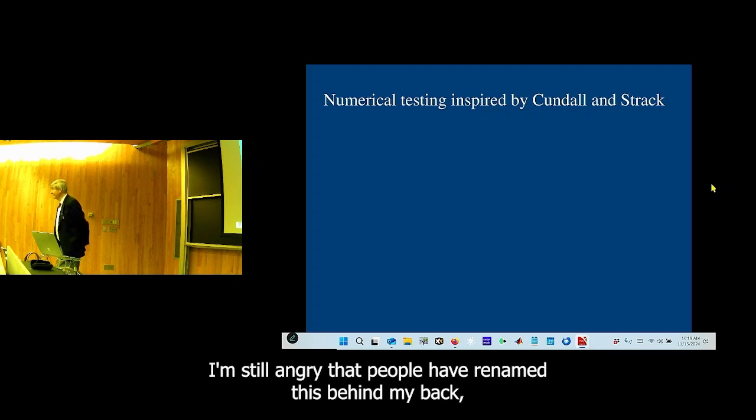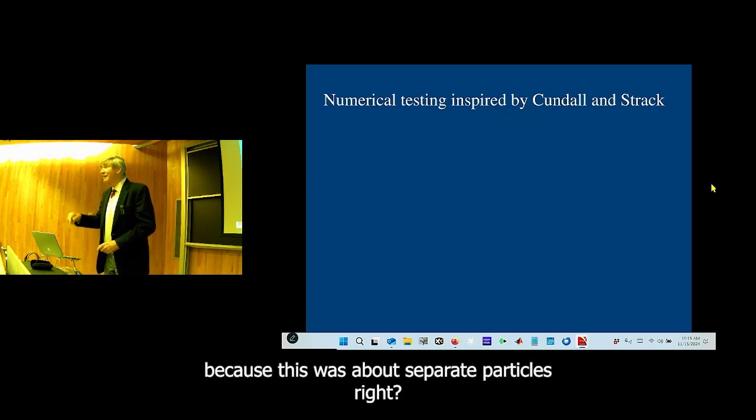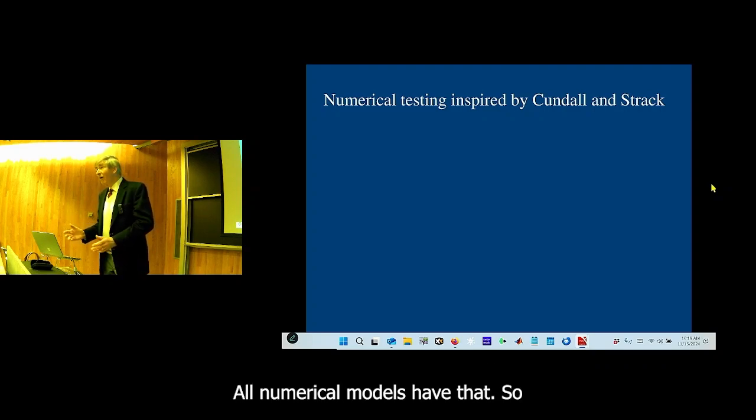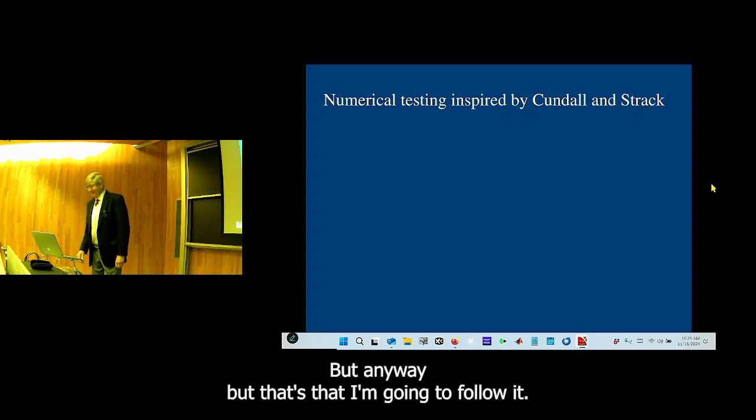I'm still angry that people have renamed this behind my back, because I named it the distinct element method after a lot of thought, because this was about separate particles, right? So they're distinct particles. Discrete elements, all numerical models have that. So slowly the name is coming back, but anyway, I want to follow it.